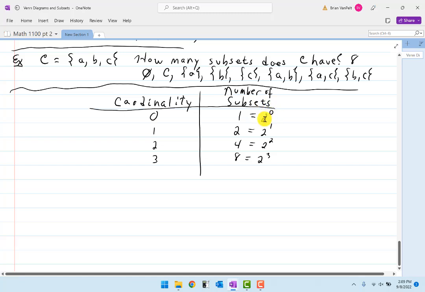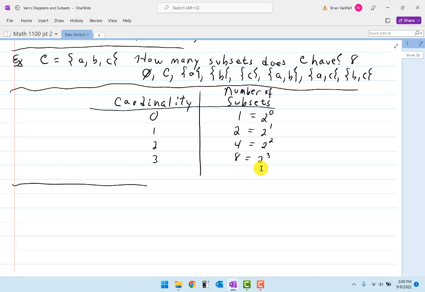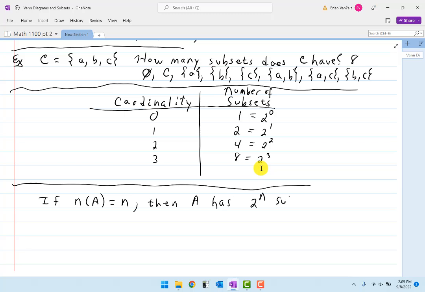The base of this thing is always going to be 2. So now, using inductive reasoning, if the number of items in A is equal to the letter N, then A has 2 raised to the nth power subsets.